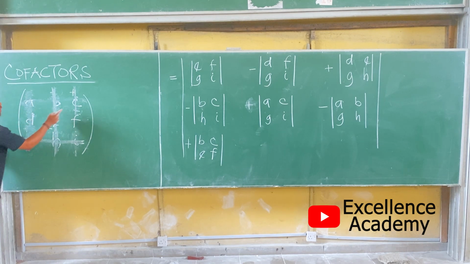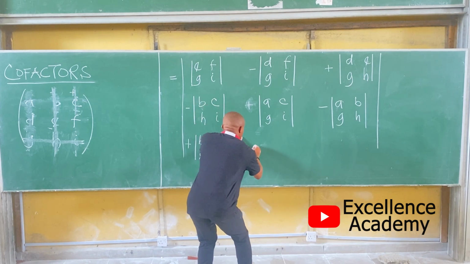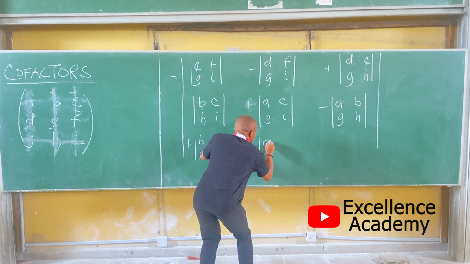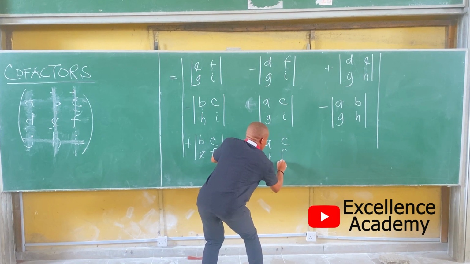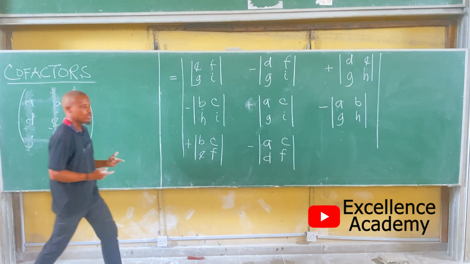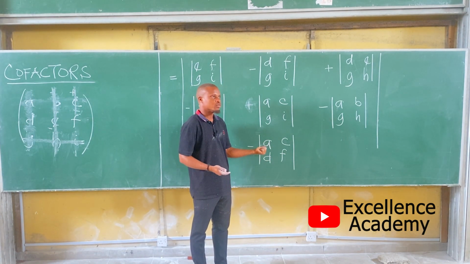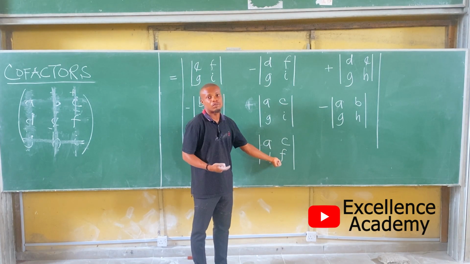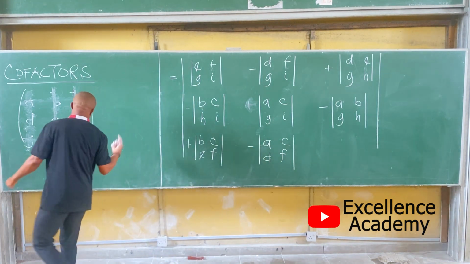A, D, C, and F. So I'm having a negative A, C, D, and F. Alright, you have to be very careful in order for you not to interchange this. So if I'm to write A, C, D, F, I'm wrong, please. You have to be very careful when dealing with the signs and the elements.